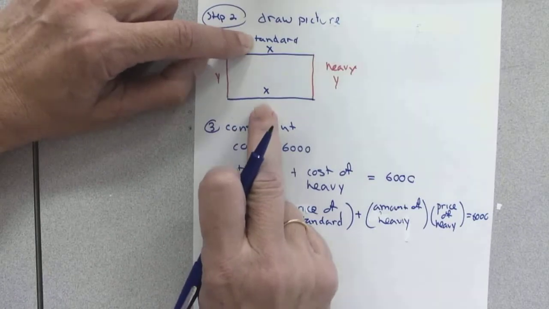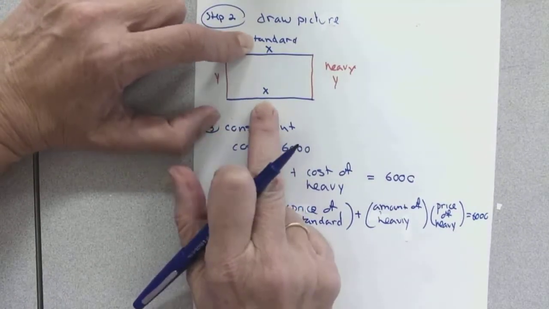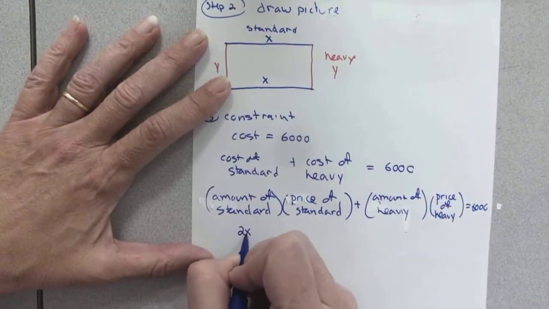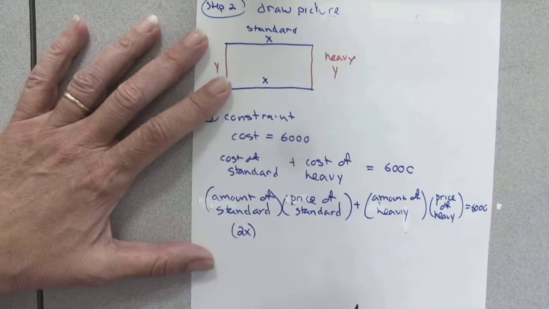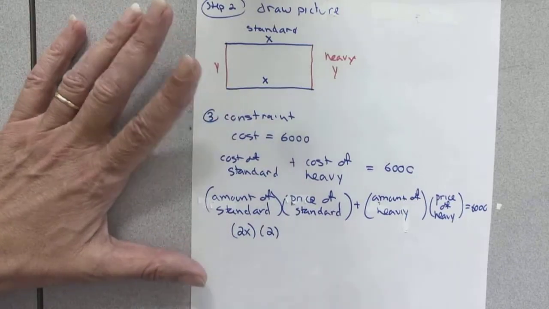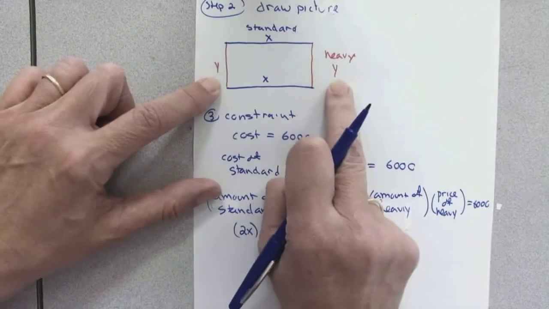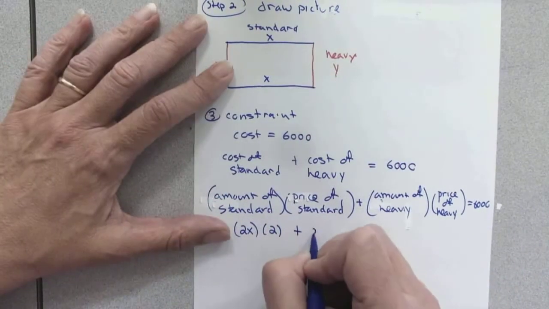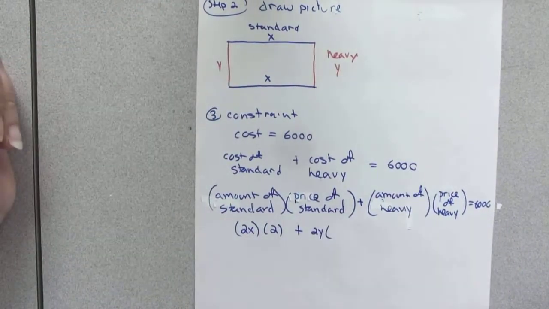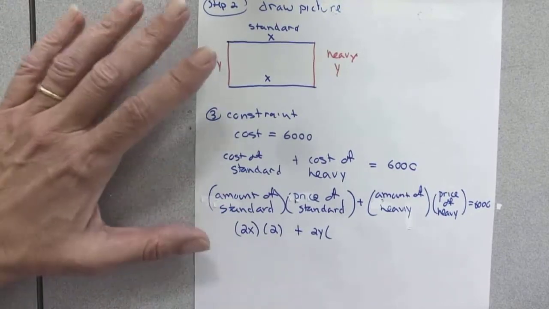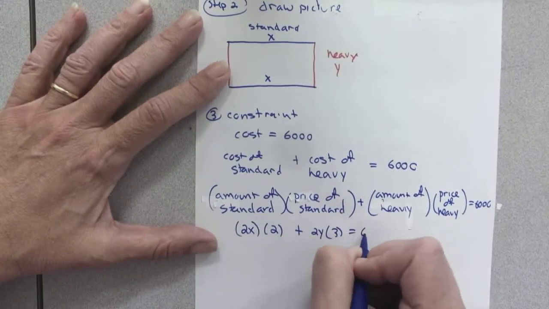The amount of my standard fencing in blue, x plus x, 2x. And then they told me up in the top of the problem, standard fencing costs $2 a foot. The amount of the heavy, y and y, 2y. And the price of the heavy, I go up there, was $3 a foot, times 3.